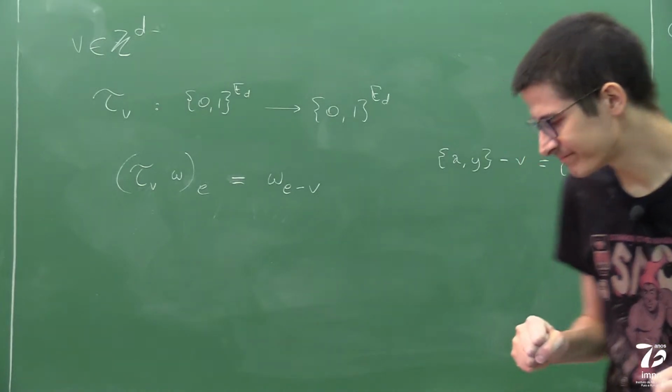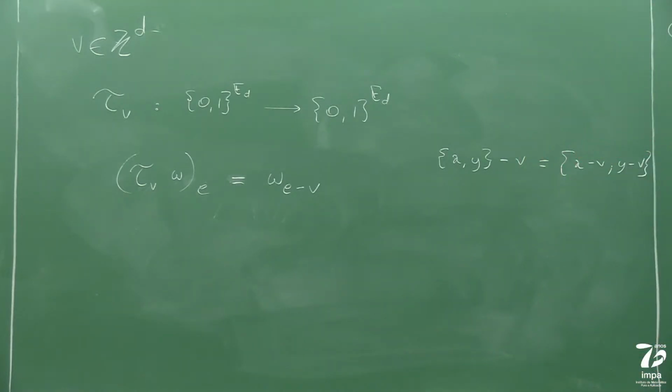Basically you just shift your environment by a vector v.